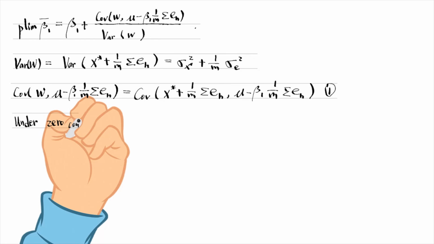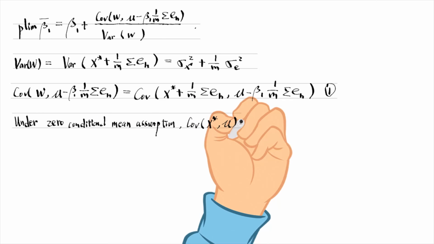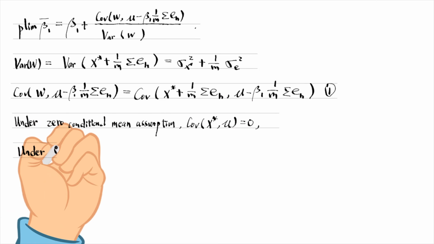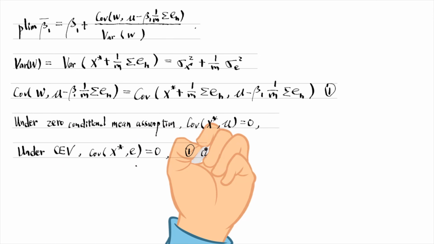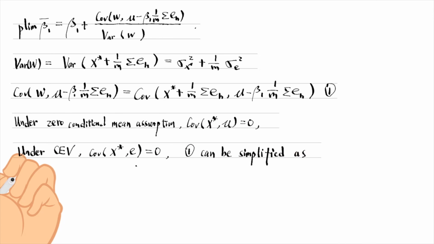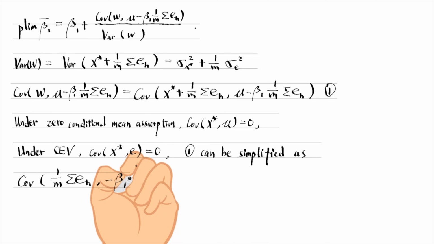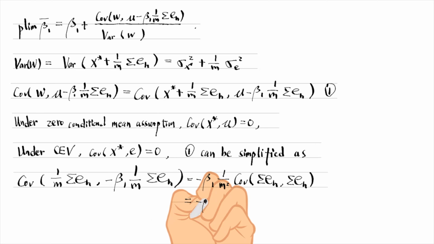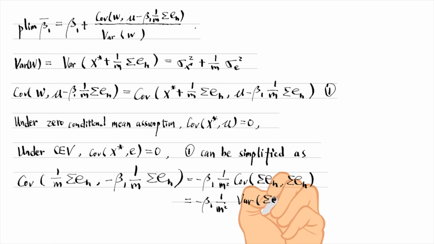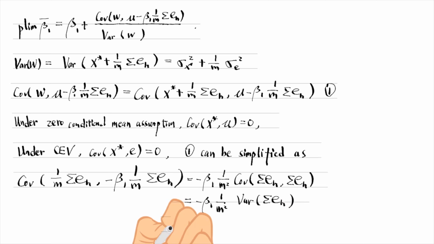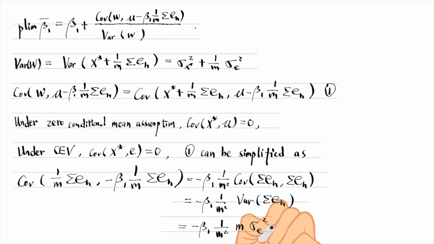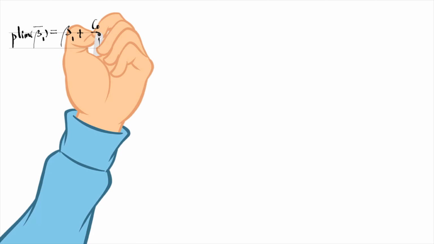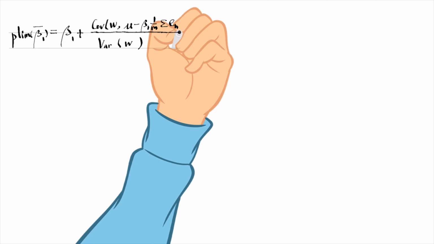Under the zero conditional mean assumption and the classical errors-in-variables assumption, we can express the covariance term as minus beta 1 times 1 over M times sigma e squared. With all the elements in hand, we can obtain the expression of the probability limit of beta 1 bar.